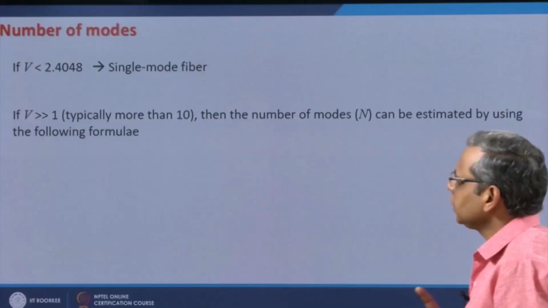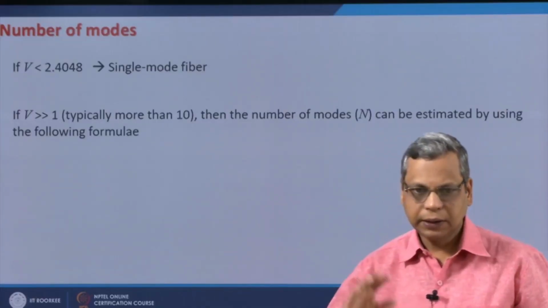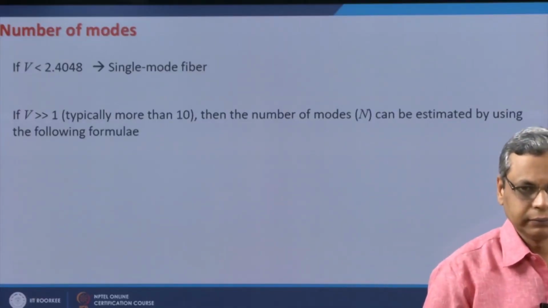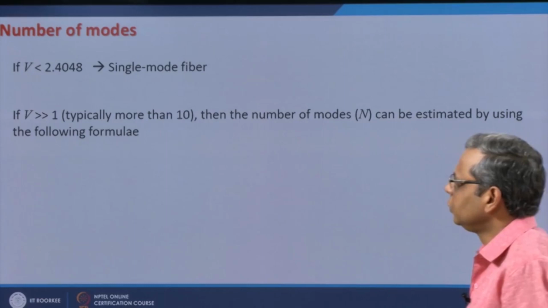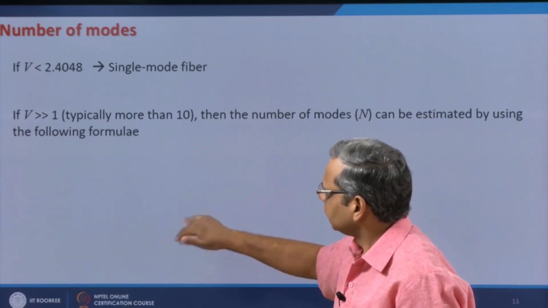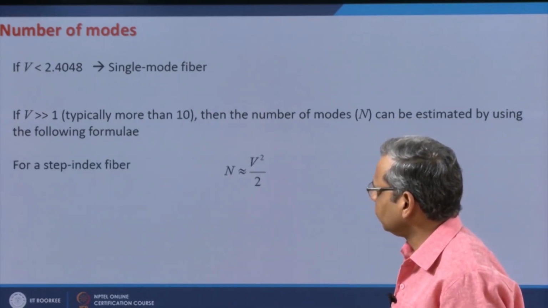If V is much larger than 1, typically more than 10 or around 10, then the number of modes can be estimated using approximate formulae.